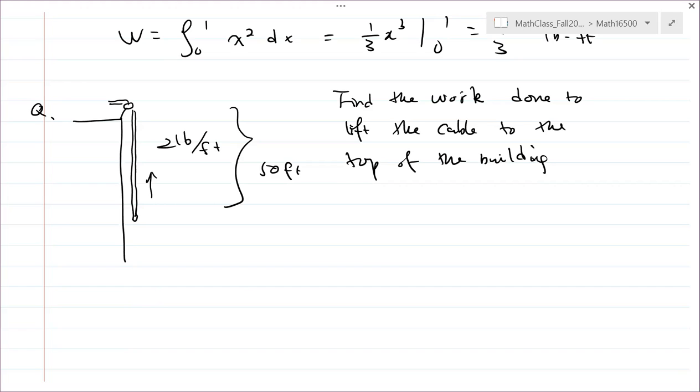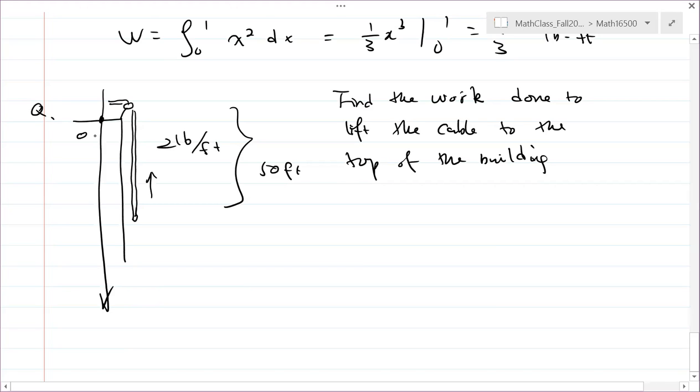I'm going to choose a coordinate line. You have to choose a coordinate line. It doesn't matter where the origin is. The integral may be different if you choose a different origin of the coordinate line. You can go upward or downward.